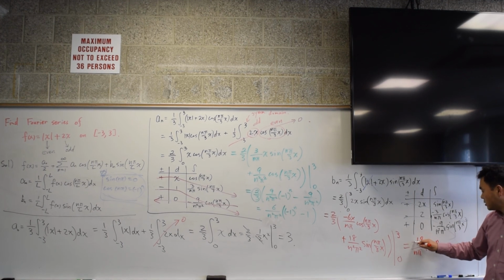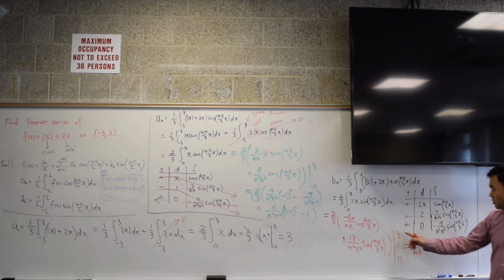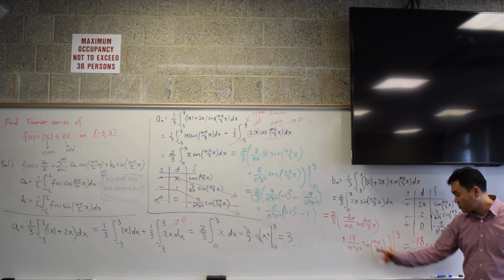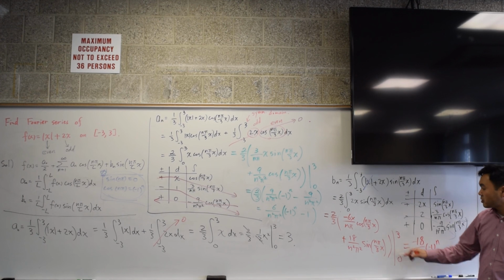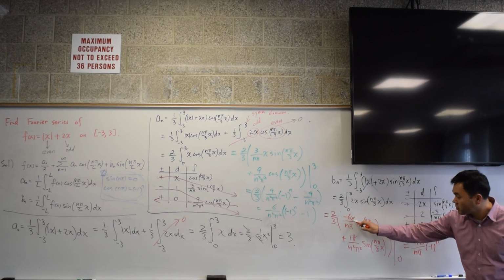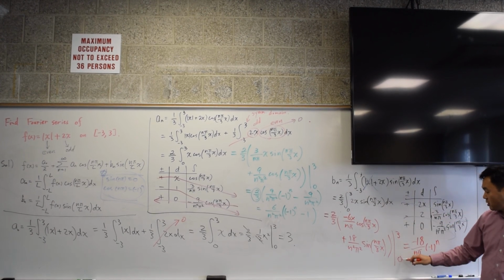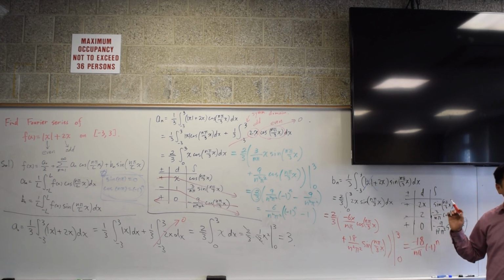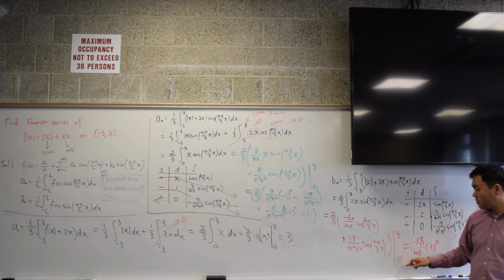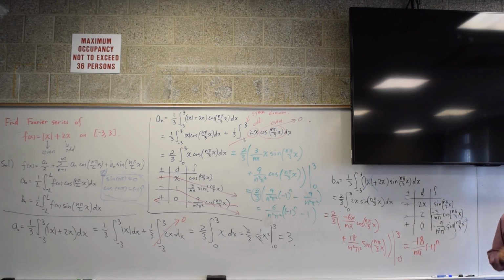And then when you plug in 3 here, you get sine n pi. What do you get? 0. Sine n pi is 0. When you plug in 0 here, 0 times anything is 0, so that's gone. When you plug in 0 here, that's sine 0, which is 0. So when you subtract 0, it's this, so that's your Bn.